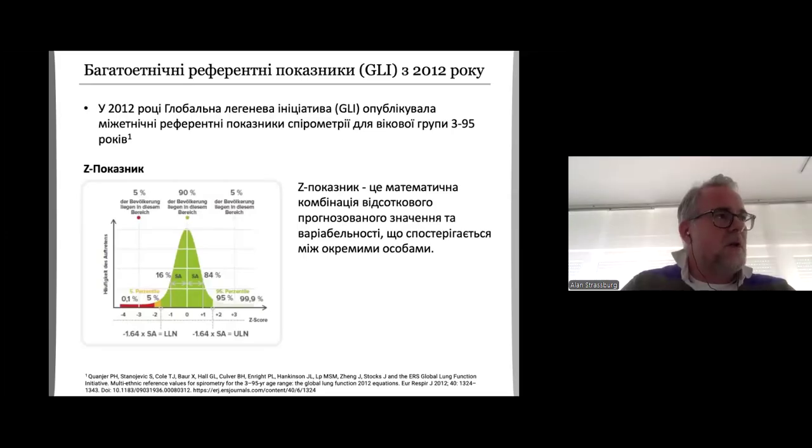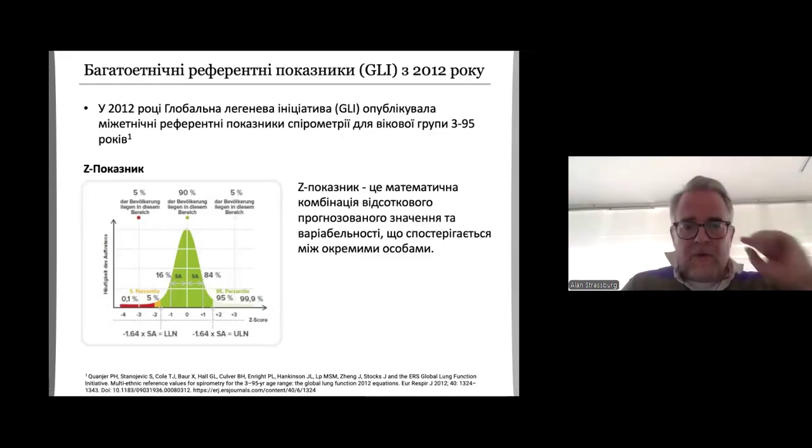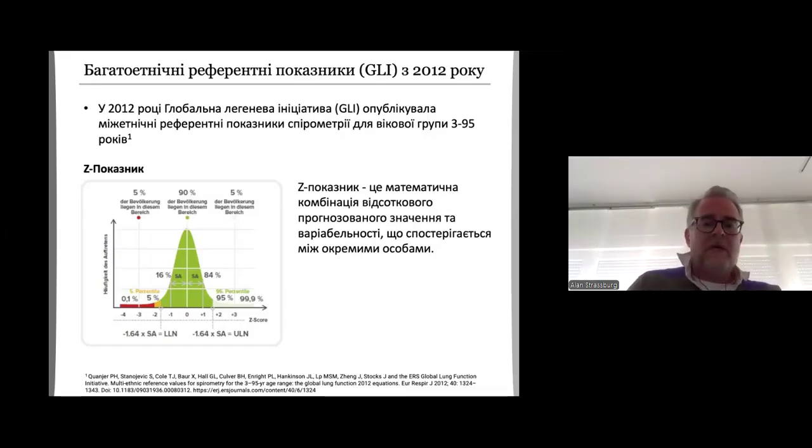And therefore, in 2012, there was a big investigation which performed lung function tests not only on healthy Caucasian white people, but all over the world. They measured lung function tests between the age of 3 and 95 years to gather more and better reference values.